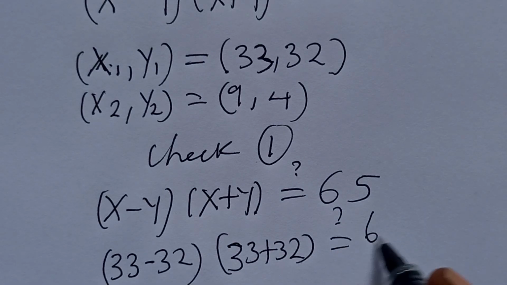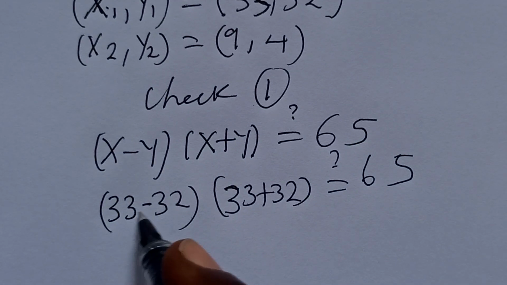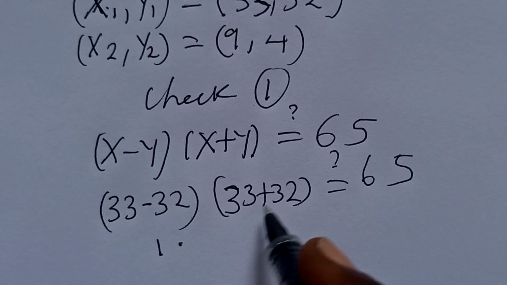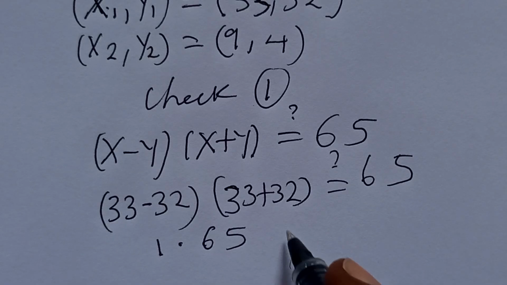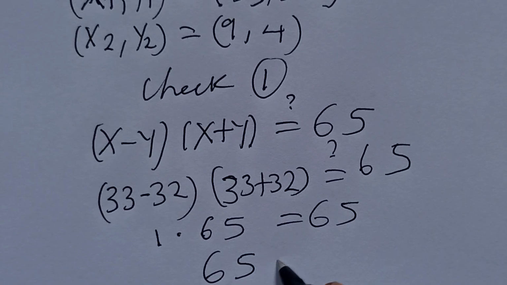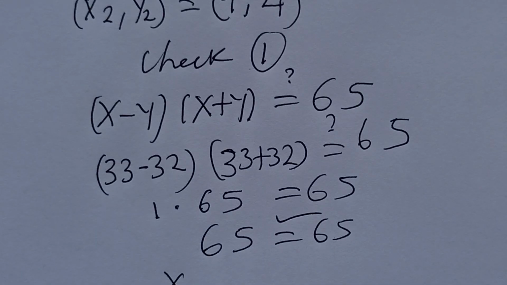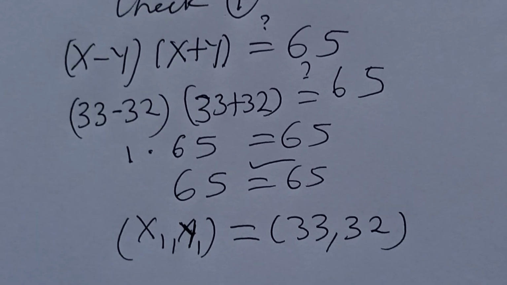So now from here, this minus this is 1, times this is going to give us 65, so now we can see that 65 is equal to 65. So x1 comma y1 is actually 33 and 32. So this case is correct.